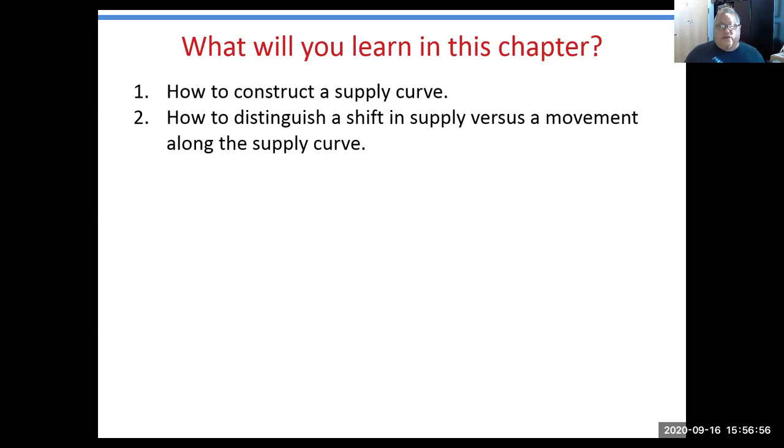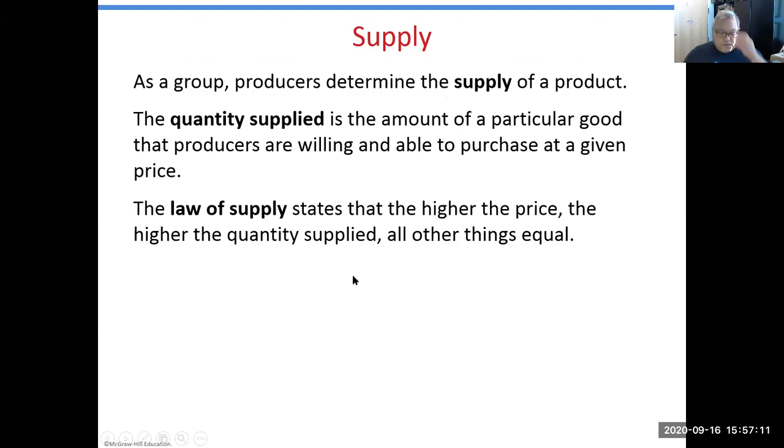And so the parallel to the story of the demand curve will now be happening on the supply side of things. What is a supply curve? A supply curve is a relationship that allows you to describe how the price of a good and the quantity supplied of the good relate to one another, all else being the same.